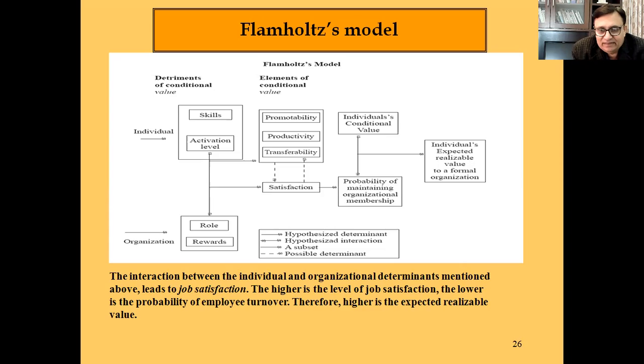So the interaction between the individual and organizational determinants mentioned above leads to job satisfaction. If a person is skilled, the activation level is good, his role is defined in the organization, he is given an opportunity to work in different roles, and he is also given rewards, his probability of maintaining organizational membership will be very high, and this will easily give us the individual expected realizable value to the formal organization. The higher the level of job satisfaction, the lower the probability of employee turnover. Employee turnover means he leaves the organization frequently.